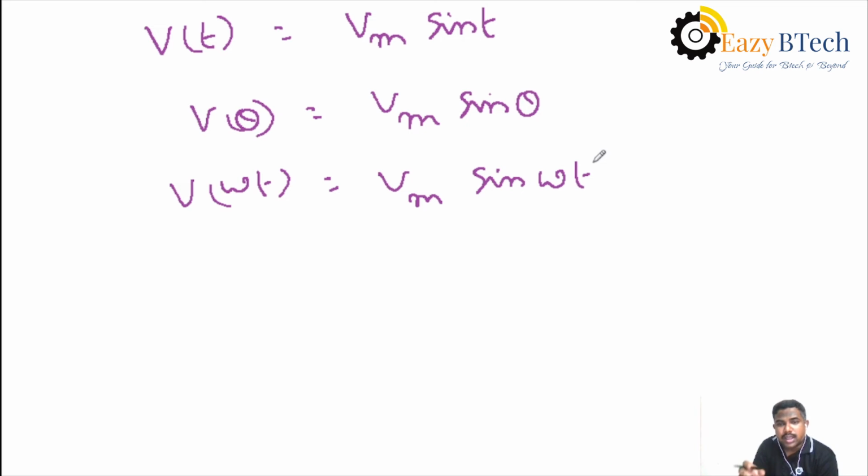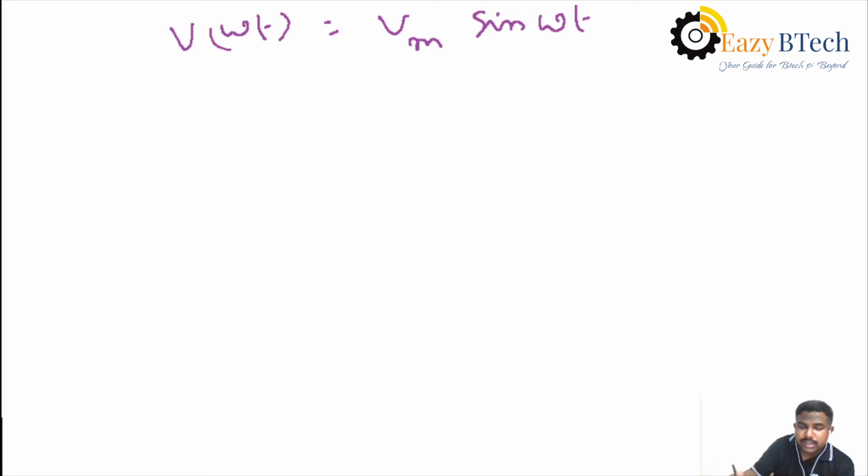Like that, you can write down the equations of a single phase AC waveform. In a sine waveform, you write the sine term with the x-axis variable: sin t, sin theta, or sin omega t. Then, how do we write down and represent the complete AC waveform?